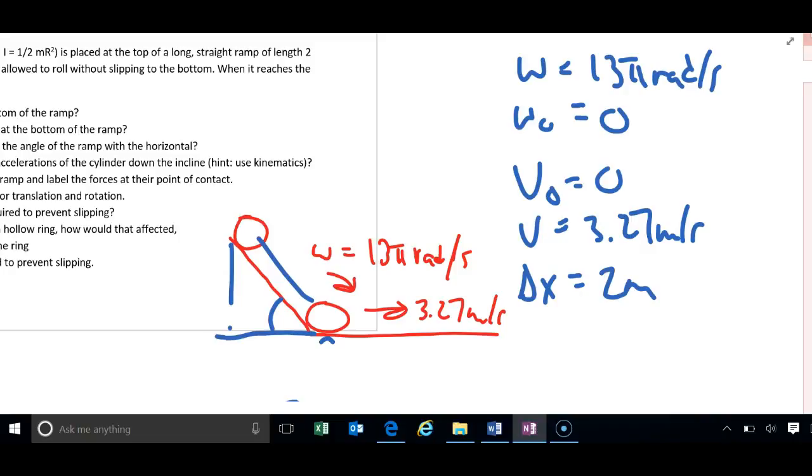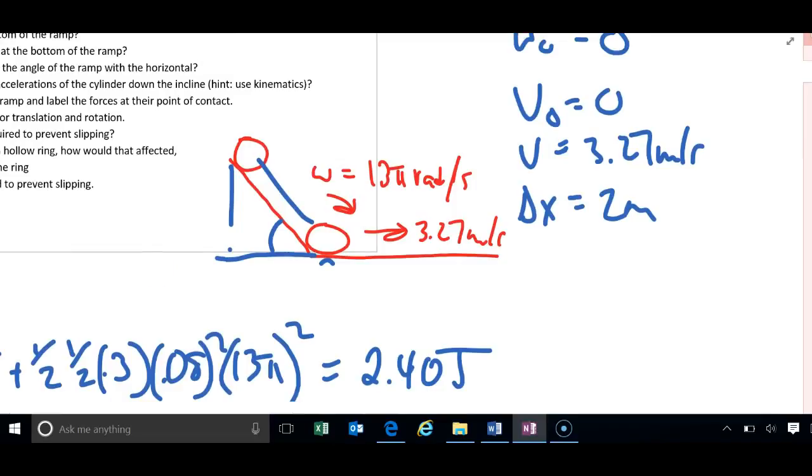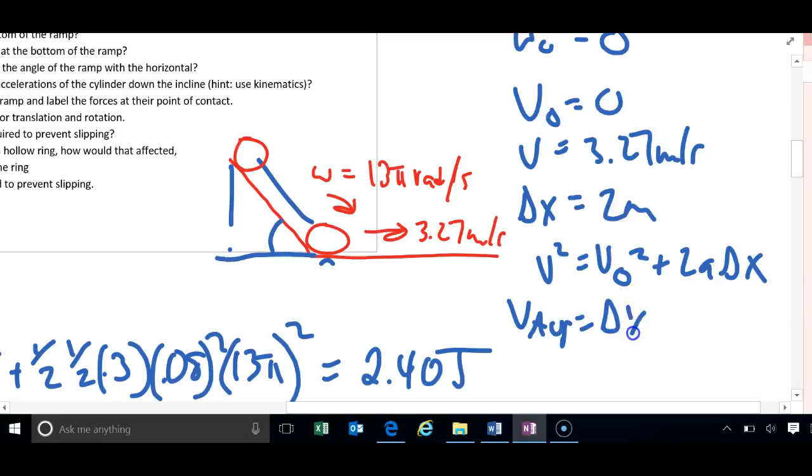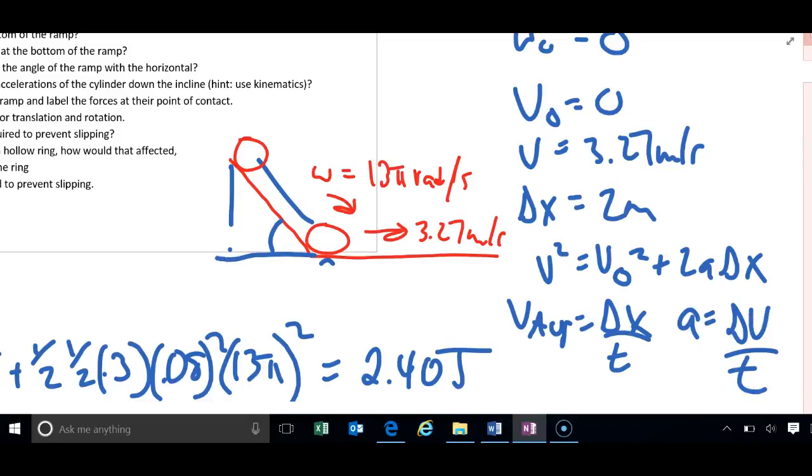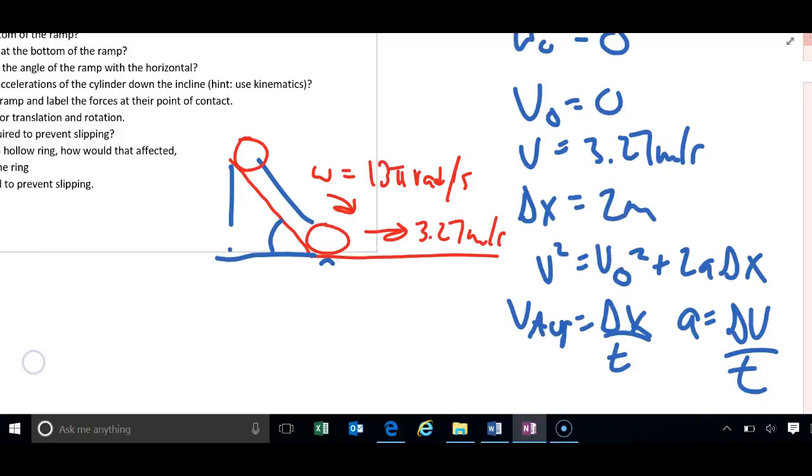You could do this problem 2 ways. To find the acceleration, you could use v squared equals v initial squared plus 2a change in x. Or you could do v average equals change in x over t. But then you'd have to do another equation, which is acceleration equals change in velocity over time. Pause the video and check and see what you get mathematically from that.